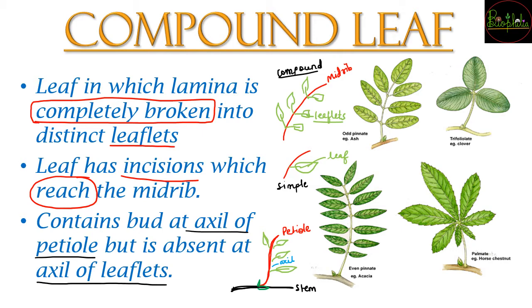With that little thing you can understand whose axil it is. Is it of a petiole or of a leaflet? That can also be helpful to differentiate between a simple leaf and a leaflet. So with this, I hope the introduction to the compound leaf is very much clear to you.